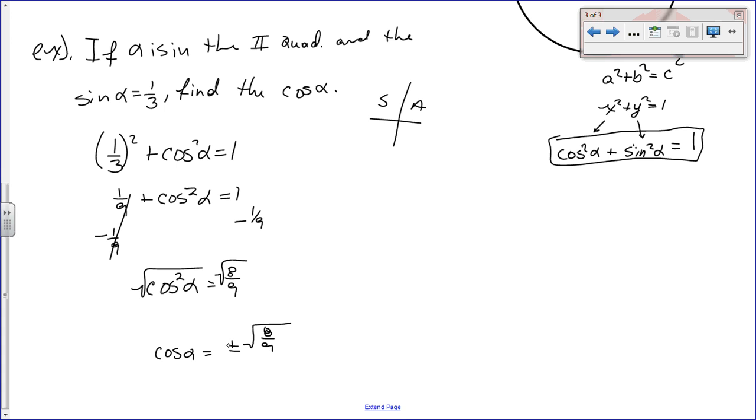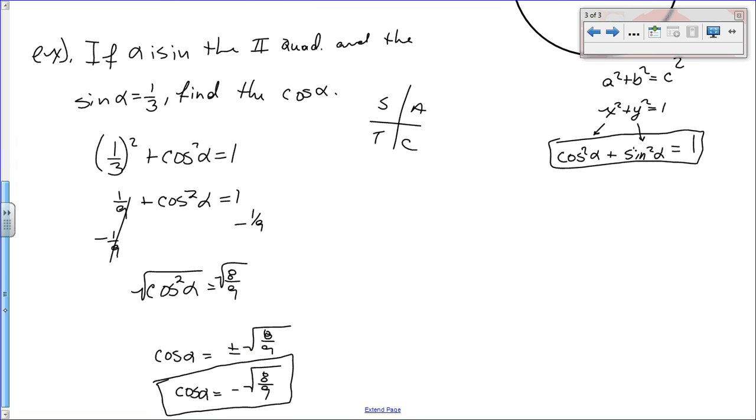So to be in the second quadrant, our cosine of alpha is going to have to be negative square root of 8 over 9, because cosine is negative in the second quadrant.